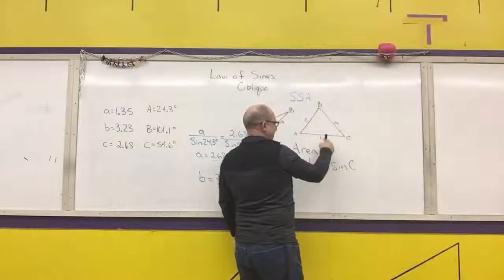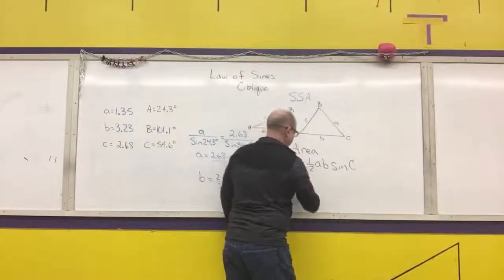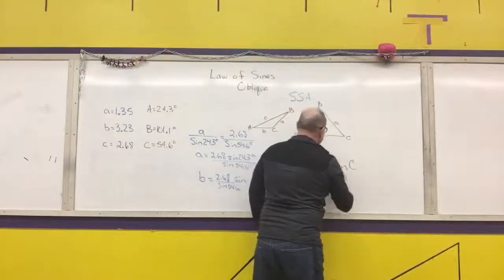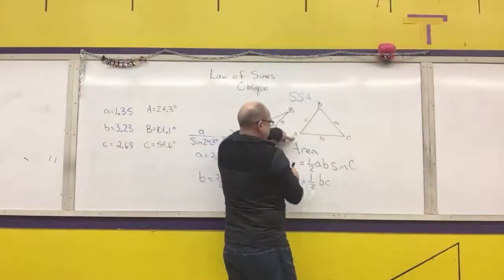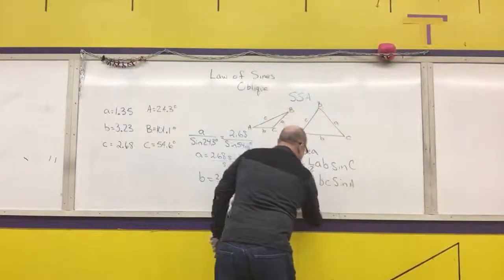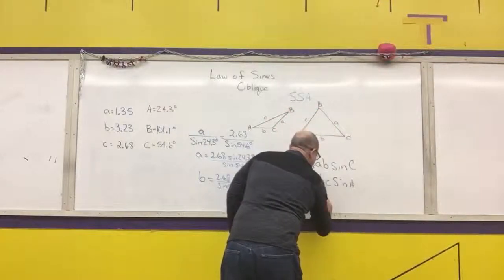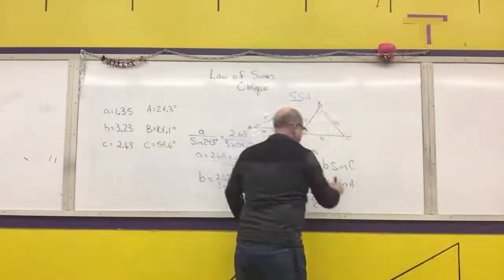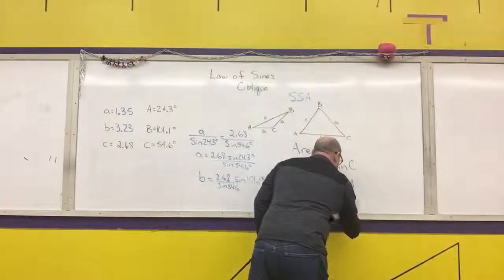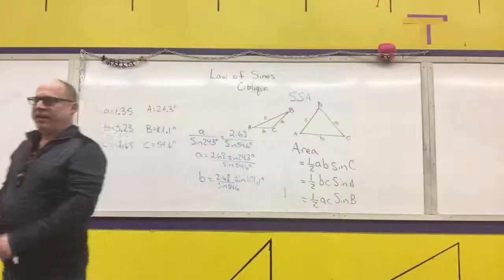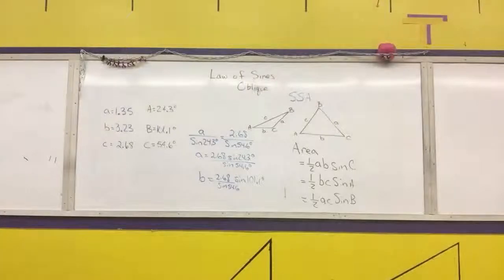So 1/2 AB times the sine of the included angle, or 1/2 BC times the sine of the included angle A, or 1/2 AC, that's these two sides, times the sine of the included angle B. So that's how you'd be able to calculate the area of a triangle.